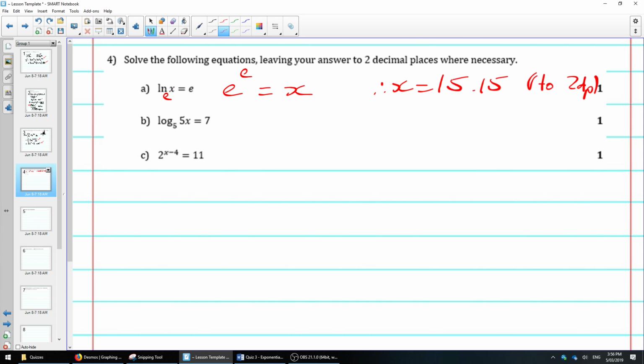Okay, so 5x. How can we split that up? Remember the multiplication rule with logarithms? How can we split that into 2 different logarithms? So we're going to do log 5 plus log x equals 7.